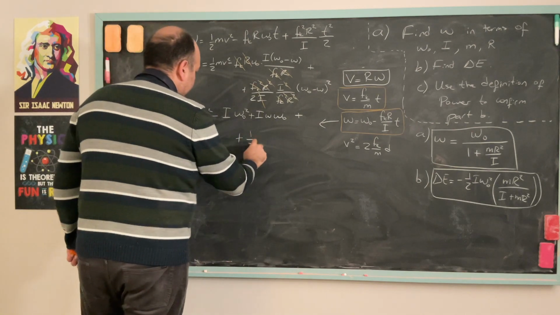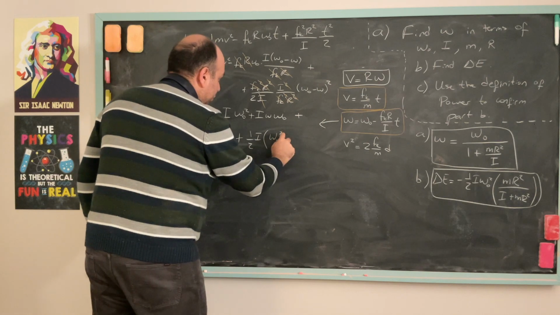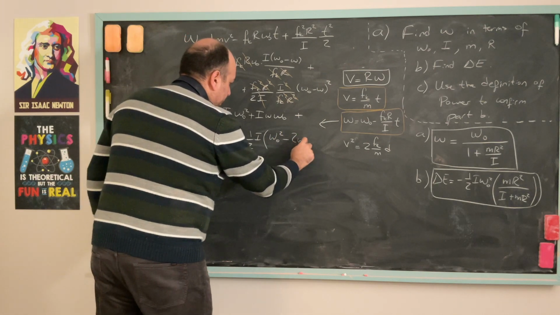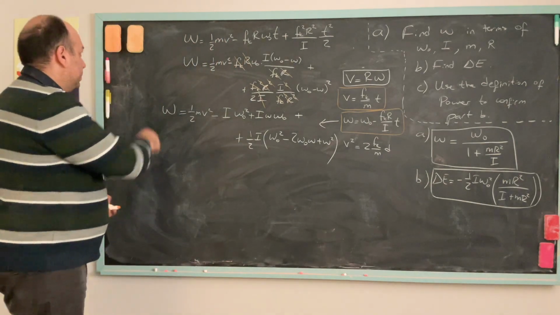So it's going to give me 1/2 I. When I expand it, this gives me omega naught squared minus 2 omega naught omega plus omega squared. This is good.